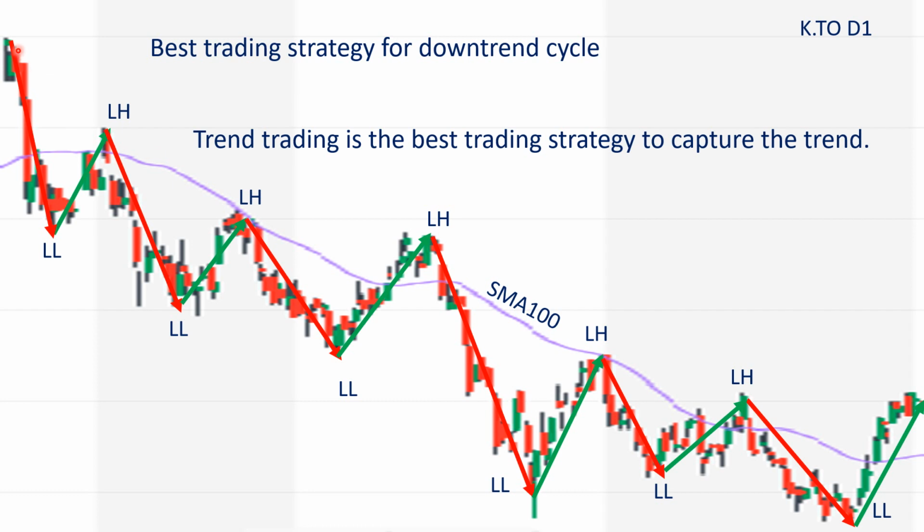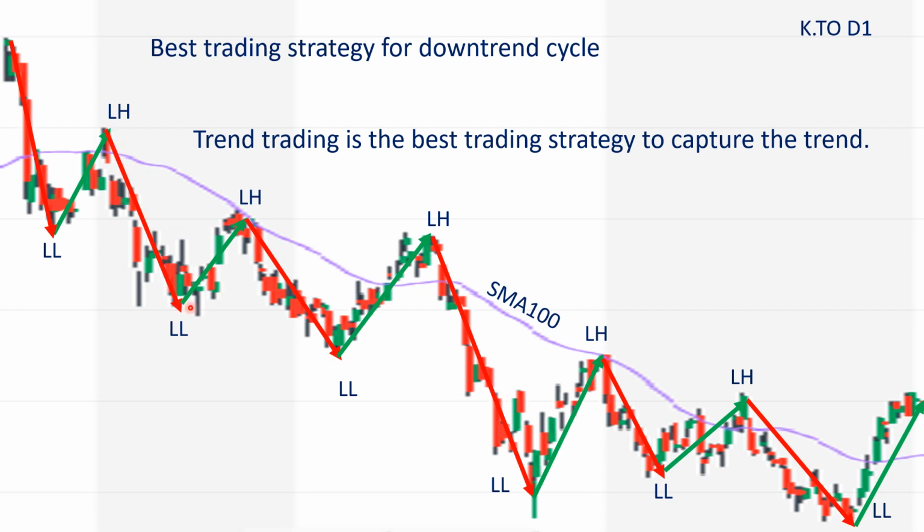Here the trend is going downward and then makes a pullback toward resistance, and downward, and pullback. So these are the shorter legs of the trend. In a downtrend, that is a pullback. These are the shorter legs of the trend, and this is the long leg of the trend, and that is the downtrend.